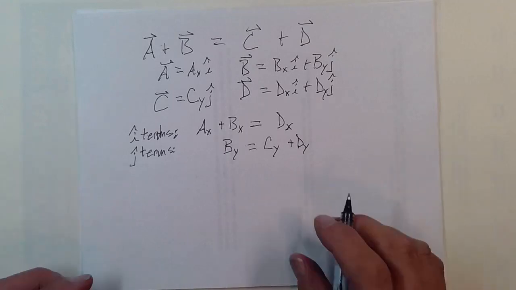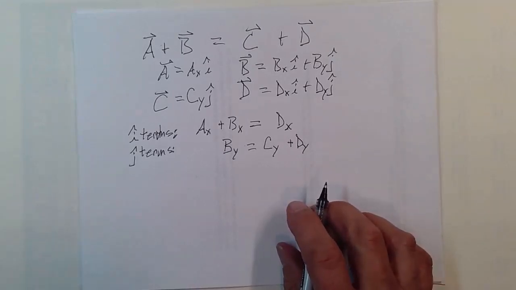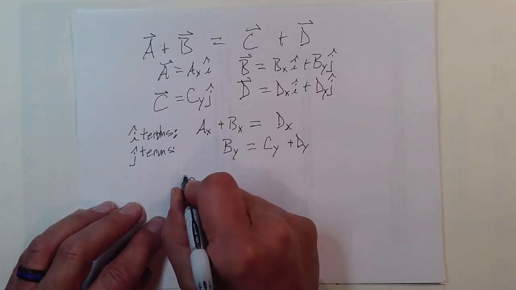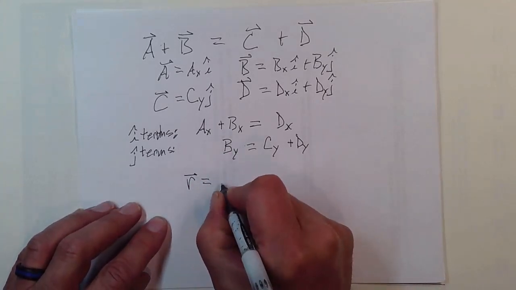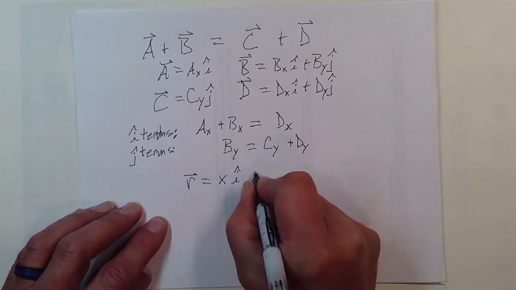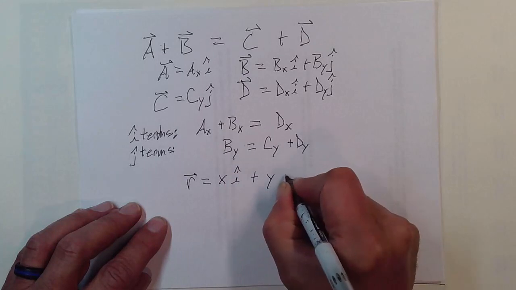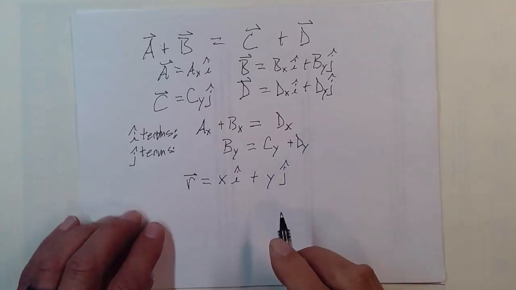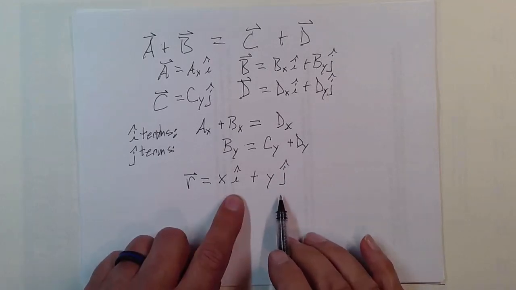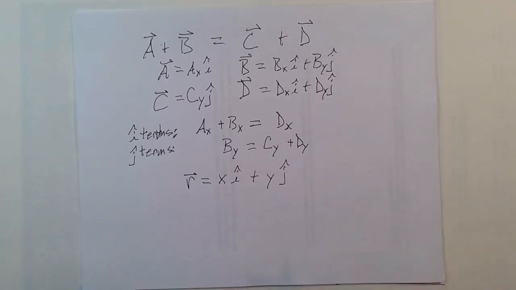So let's extend this to the idea of position and motion. And let's let r be our position vector. And it's going to equal x in the i hat direction plus y in the j hat direction. x and y may be functions of time. In fact, for us, they are going to be. They're going to be changing in time.